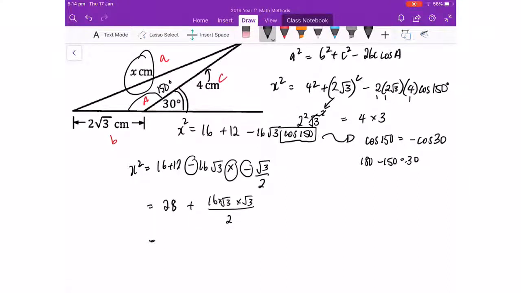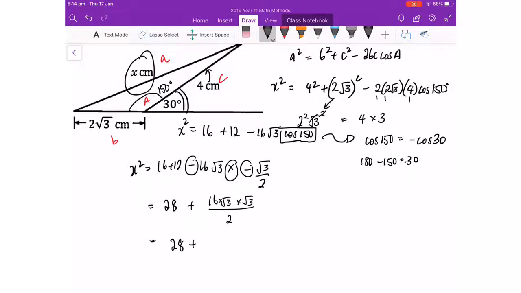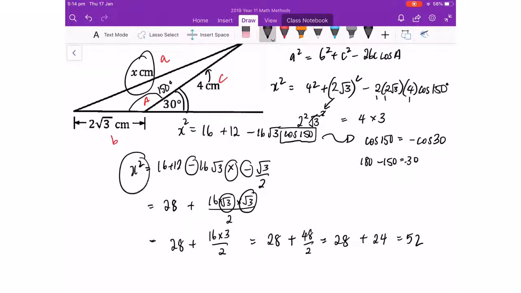So there's a multiplier in there, so it's going to be 28 plus, so this root 3 and root 3 is going to simplify down to 3. So that's just going to be equal 16 times 3 divided by 2. So that simplifies down more, so 16 times 3 is 48, 48 divided by 2. So 28 plus 24 is equal to 52. We're so close. That's not our answer because remember, this is squared.